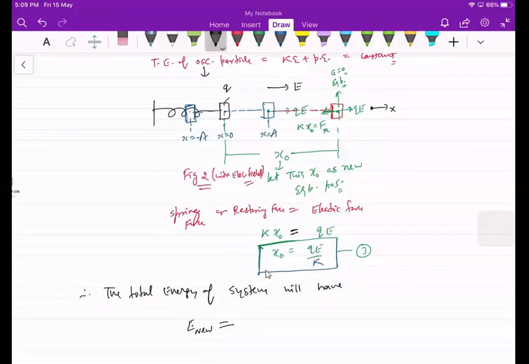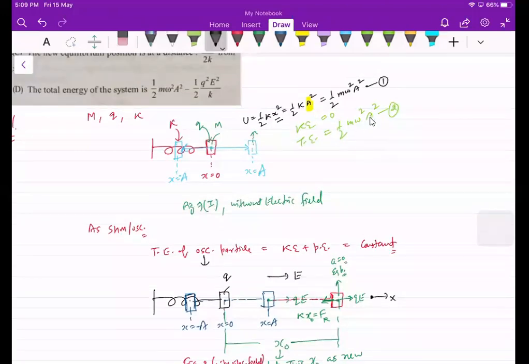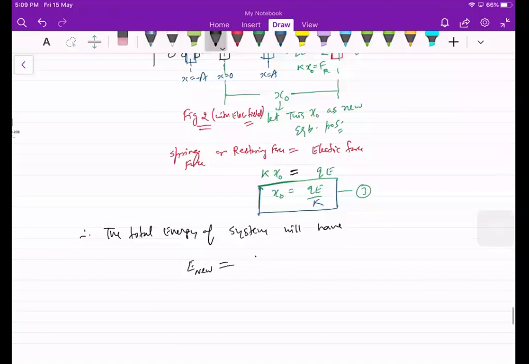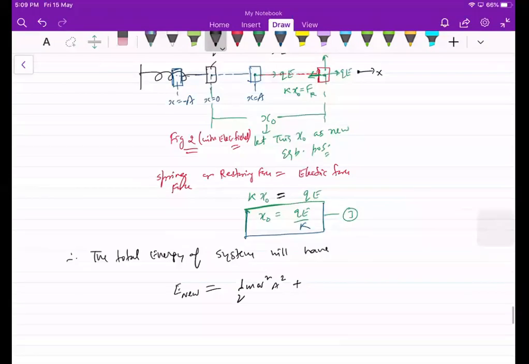So one energy is the previous one. The previous energy we have calculated earlier, that is half m omega square a square. In addition to it, the particle is now extended up to a new location, and at this new location you can calculate that energy by using the formula half k x naught square.